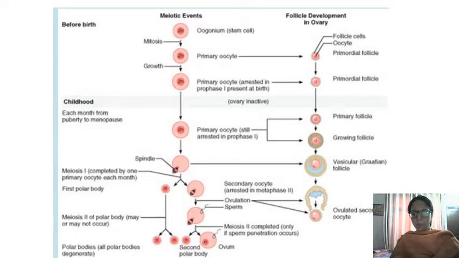So you should not confuse the terms primary follicle and primary oocyte. Primary oocyte is the stage of the egg, and primary follicle is the stage of the complete structure, that means egg plus the surrounding follicular cells.